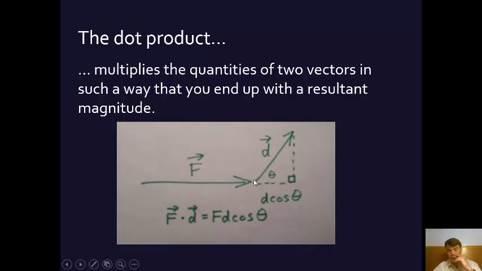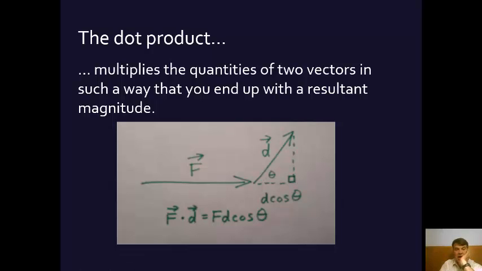And so if you multiply it out, what you end up with is that this component of the displacement that's going in the same direction as the force is the hypotenuse, d, times the cosine of theta. So the dot product multiplies the magnitude of the force times the magnitude of the displacement going in the same direction as the force.